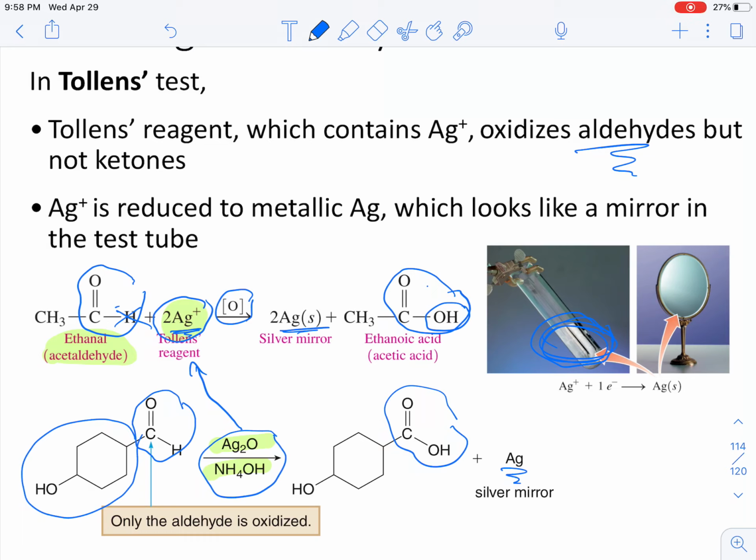Now, if you don't get a reflective silver mirror, then it just tells you that an aldehyde is not present. It doesn't tell you that a ketone is present. It could be, for example, an alcohol, right? And so a negative result will tell you that an aldehyde is not present. It could be something else.